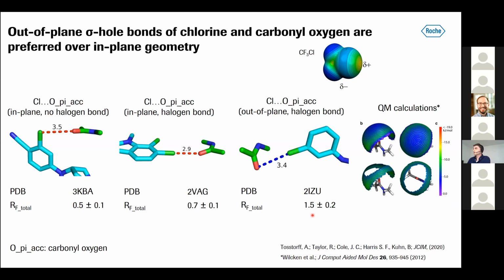And this correlates nicely with the QM calculations I showed you before, where you can see this green ring around the carbonyl having the strongest interaction energy for the chlorine halogen bond with the carbon.